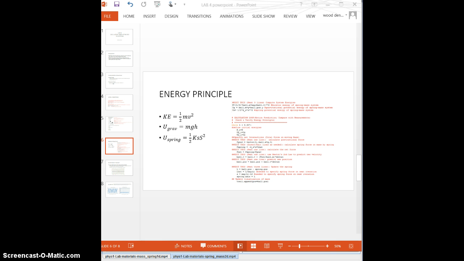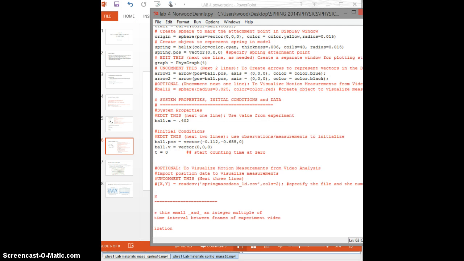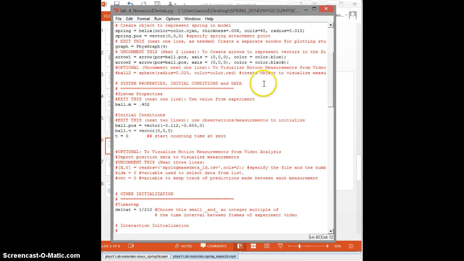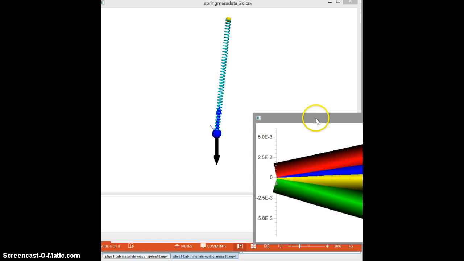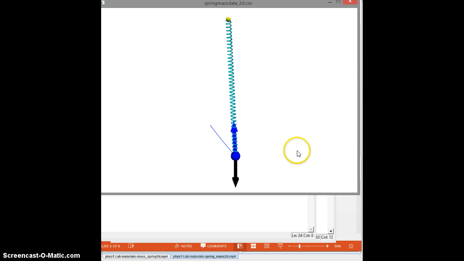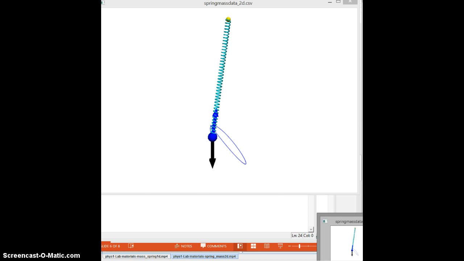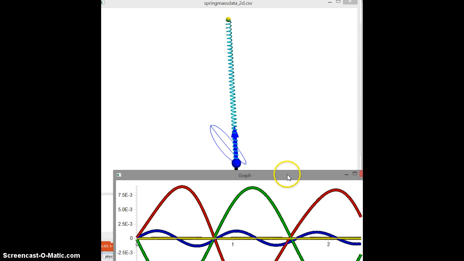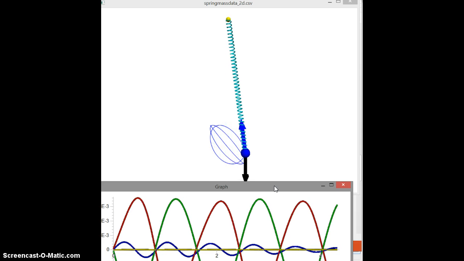Okay, so taking this Python code, we will run the module. I will show you this graph momentarily, but for now we can see the blue ball, which represents the mass, is moving in an elliptical orbit, oscillating.